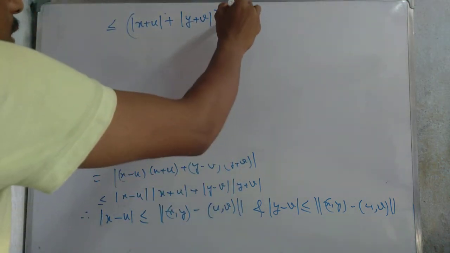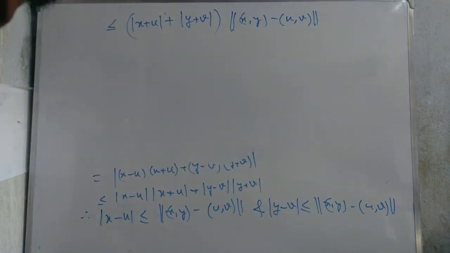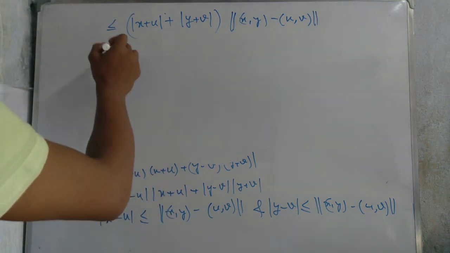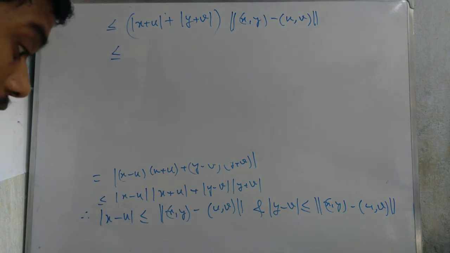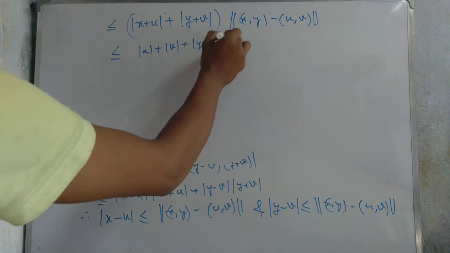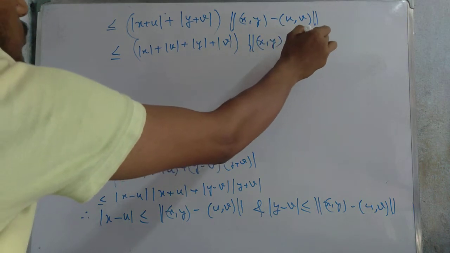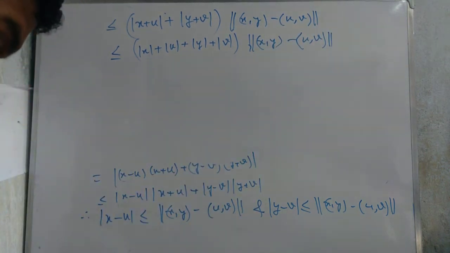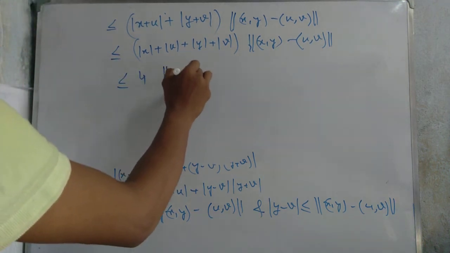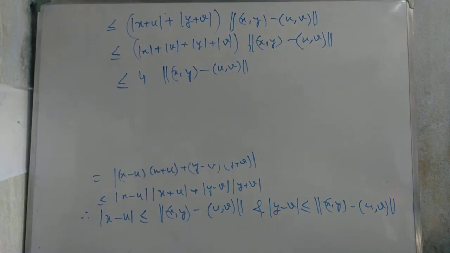Okay, then this one is less than or equal to mod x, mod u, mod y, mod v. Here norm of (x, y) difference (u, v) is less than or equal to 4 norm of (x, y) difference (u, v). Okay.